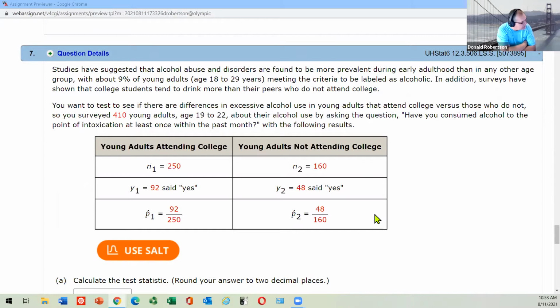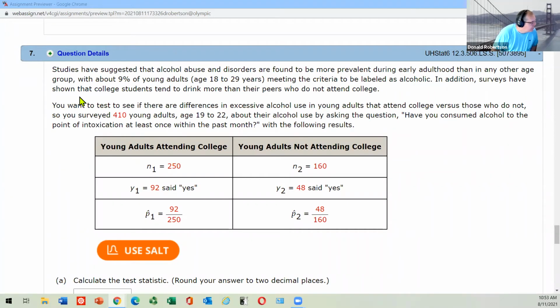That's a bit scary, but 9% of young adults, that's 18 to 29-year-olds, could be labeled as alcoholic. So they must have some rule about how many times you get drunk a week. And if it's this number or a month, whatever it should be, that would constitute an alcoholic in their terms.